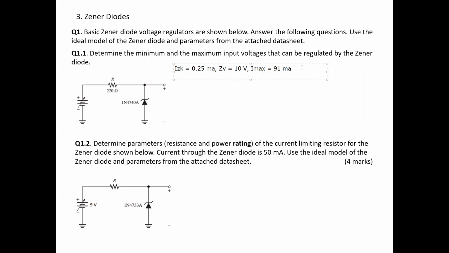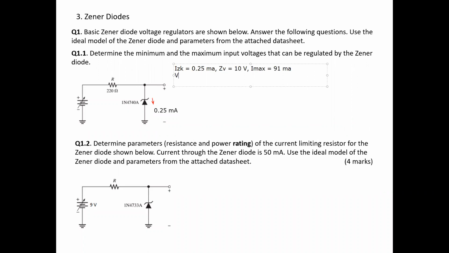In order to decide the minimum voltage, what is the minimum current that we need to maintain through this Zener diode? That is 0.25 milliampere. Now when you want to maintain 0.25 milliampere, the current through the resistor is also the same. So in that case, what will be the voltage drop across this resistor at that time? We can calculate that.